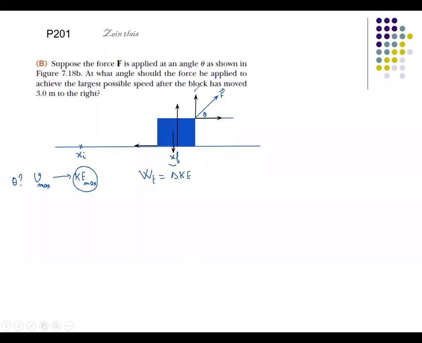You know, Fy, N, and mg are perpendicular to the displacement. The displacement is to the right.